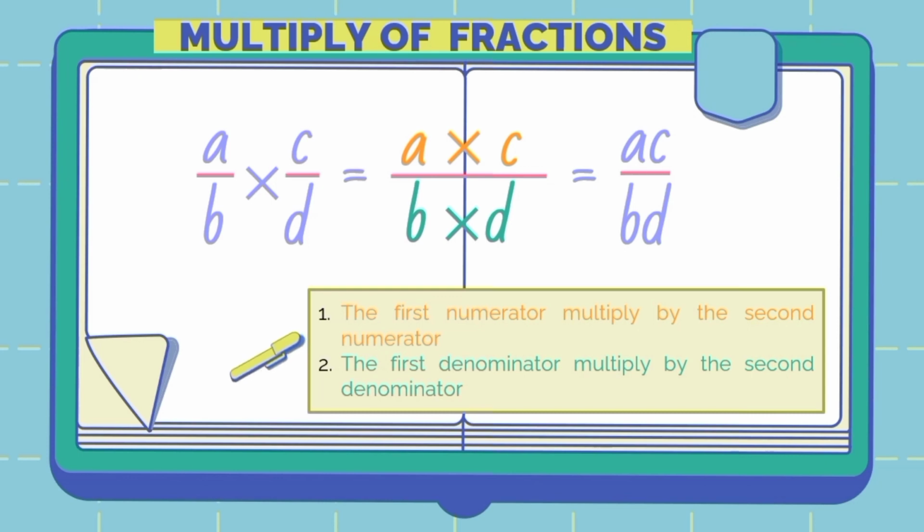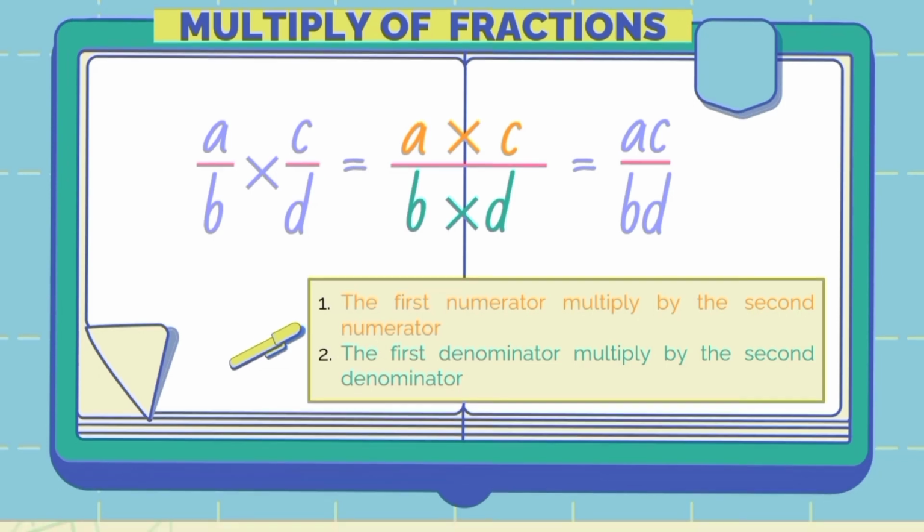It is A multiplied by C. Step 2. The first denominator multiplied by the second denominator. It is B multiplied by D, equals AC over BD.